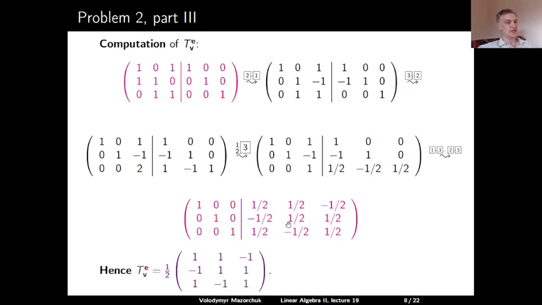And so the transformation matrix from V to the standard basis is 1 half of the matrix 1, 1, minus 1, minus 1, 1, 1, 1, minus 1, 1.